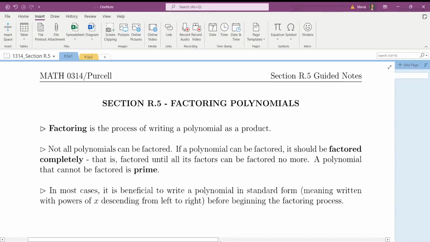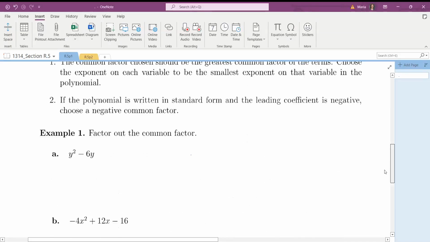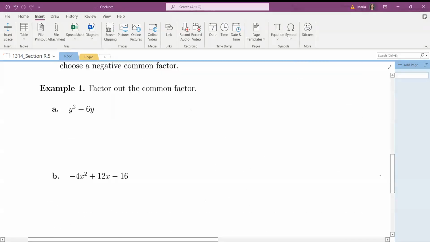Okay, so if you remember, factoring is the process of writing a polynomial as a product. So what that means, if I scroll down to the first example we're going to do, at example 1a, we have the polynomial y squared minus 6y.